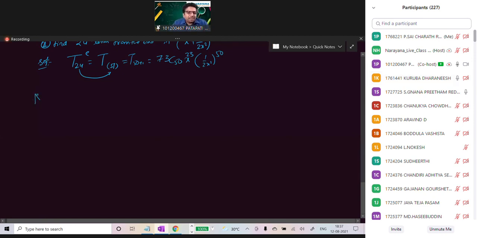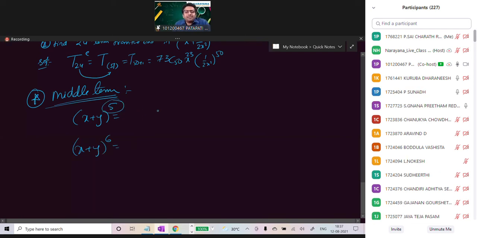The last topic for today, middle term. See, this is also very straightforward. For example, if you have (x plus y) whole power 6, if it is n, you'll have how many terms?